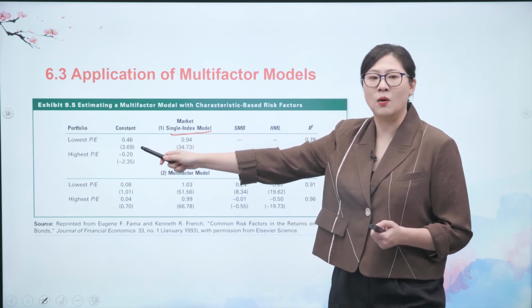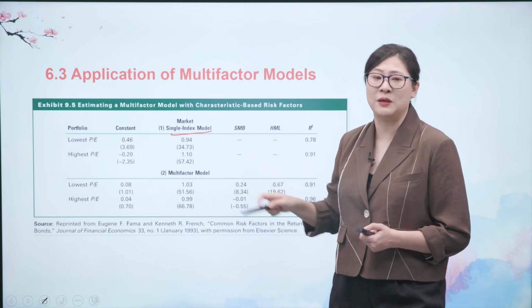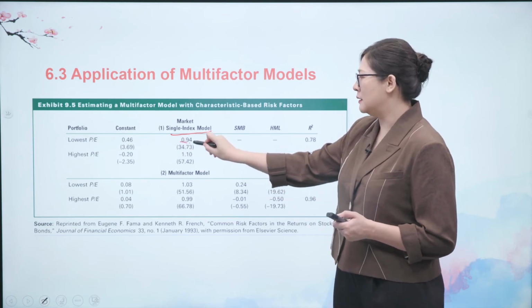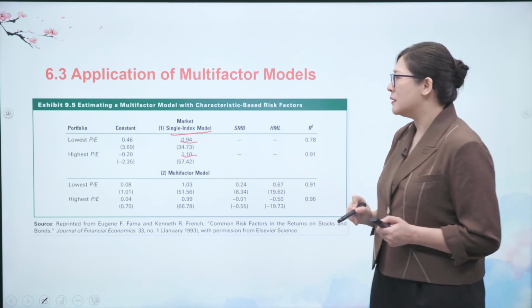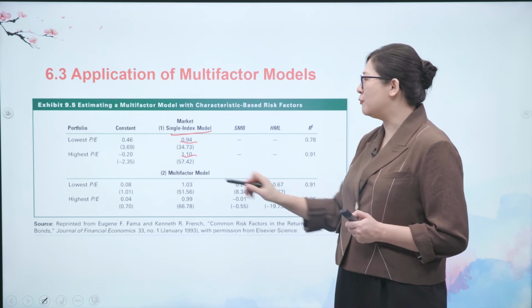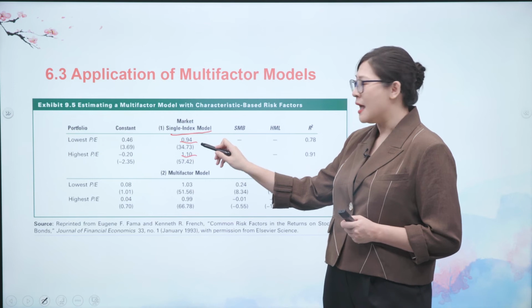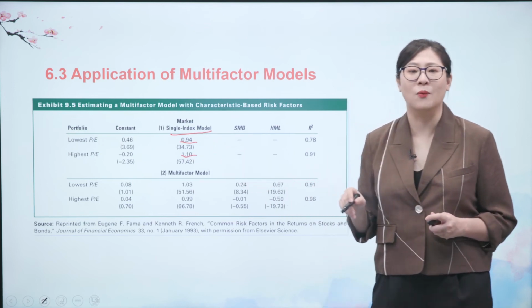One is the lowest PE portfolio, and the other is the highest PE ratio portfolio. And we compare the beta_i here: the lowest PE portfolio has 0.94, and the highest PE ratio portfolio has 1.1.